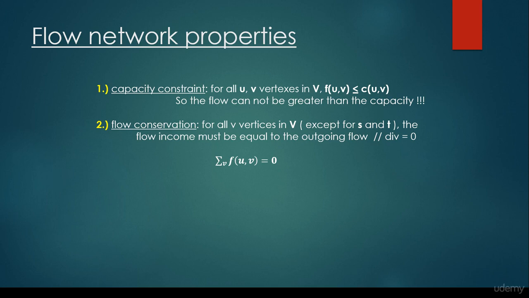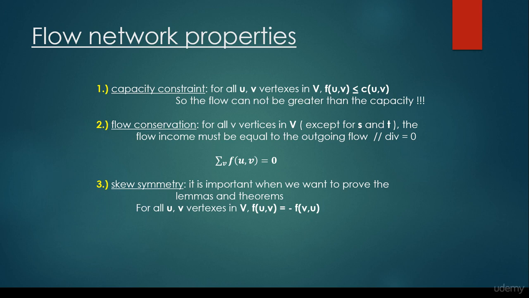What does it mean? If you are familiar with higher mathematics or physics, the divergence of the vector field is equal to 0 in this case. So basically we just have to sum the flow of the vertices u, v, we have to sum it over all the v parameters, and it's going to be equal to null.